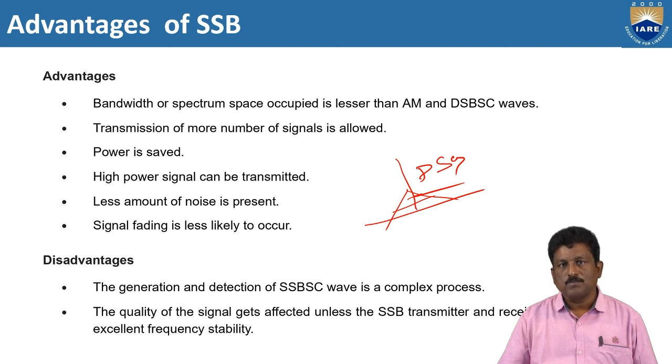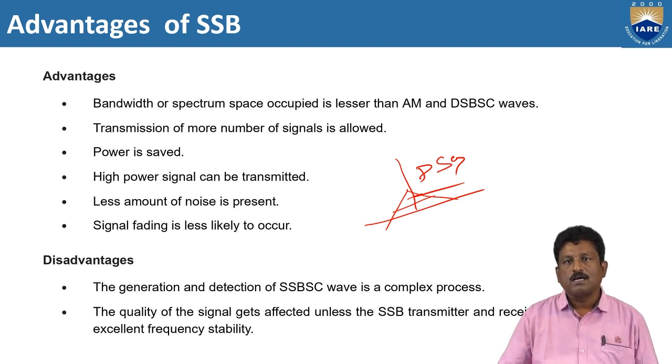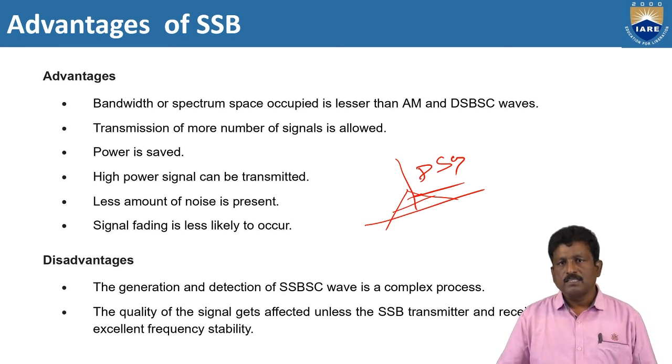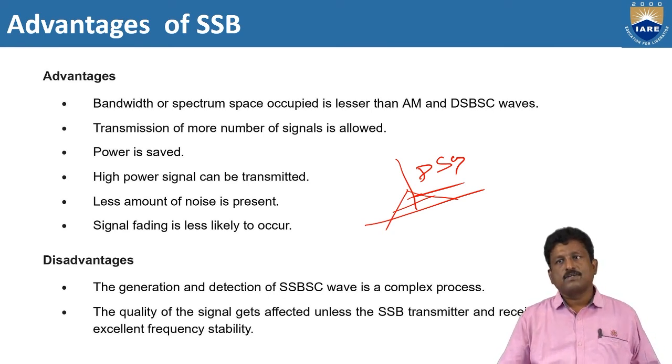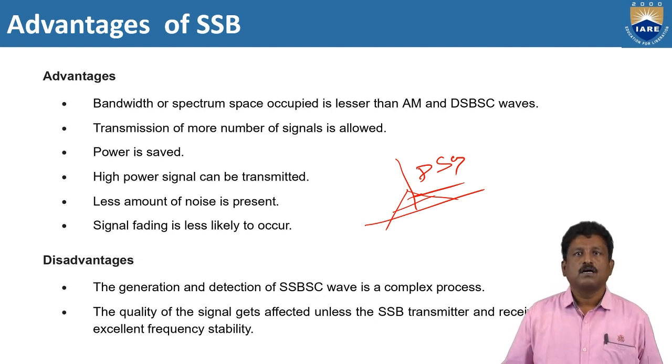So that is also complex, somewhat difficult for retrieving the original signal of the SSB modulated signal. Then, the quality of the signal gets affected unless the SSB transmitter and receiver have excellent frequency stability. So frequency stability is very important. Unless we have this frequency stability, we are unable to retrieve the original signal.